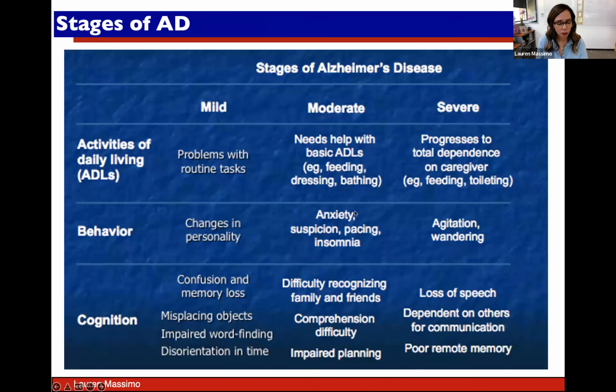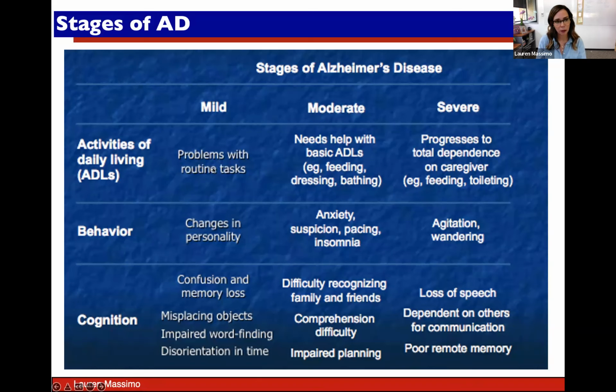An important question that people often come into clinic asking is what's going to happen. They want to know what to expect as the disease progresses. They also want to know about staging and what stage of the disease their loved one is in. That's why I think this slide is important. In the mild stage, people generally have some difficulty with their activities of daily living, and they may need some assistance, like prompting.